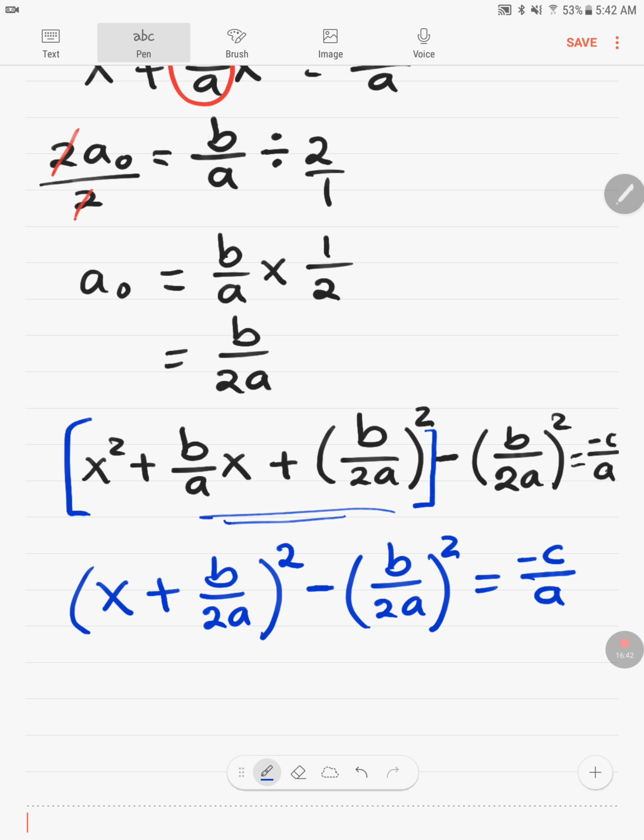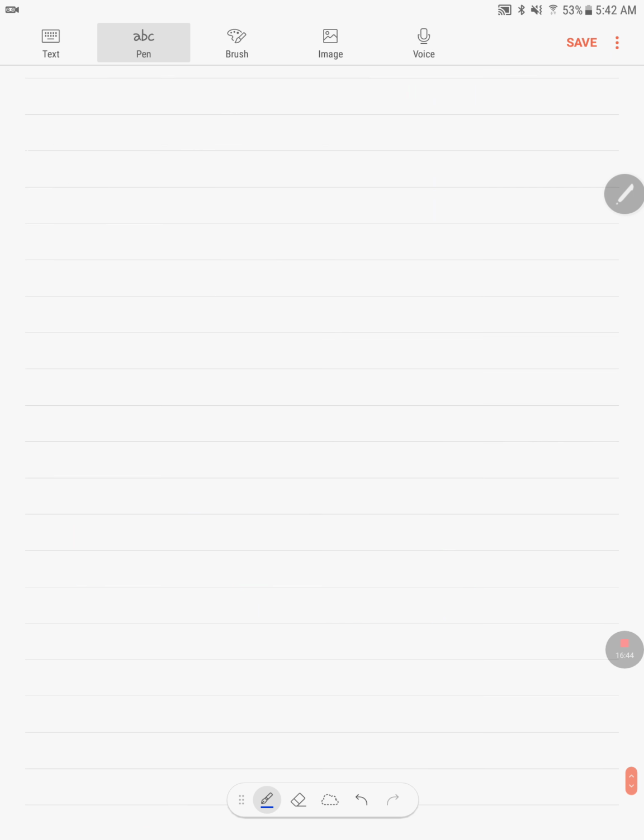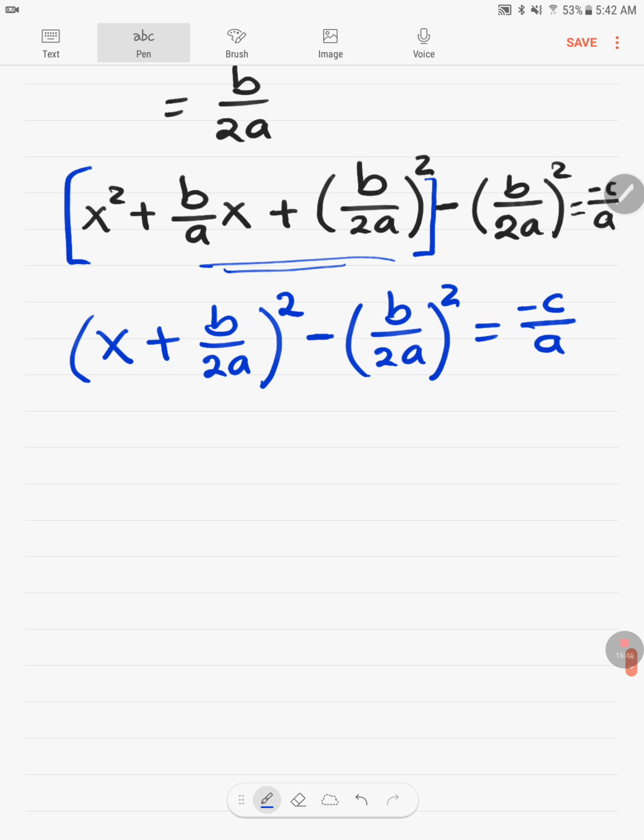So we could basically subtract or add, since this is in minus, we could add this same quantity, b over 2a squared, to both sides.